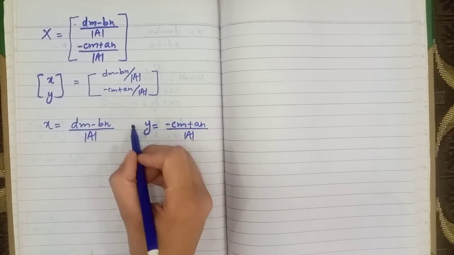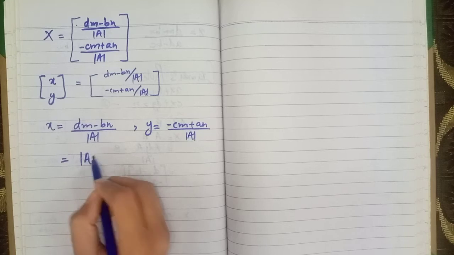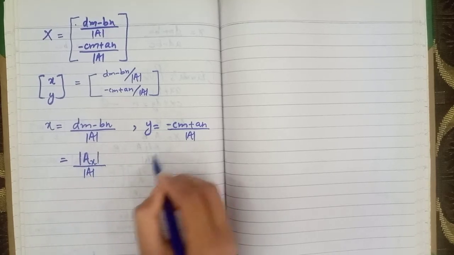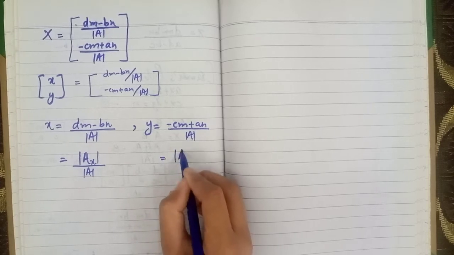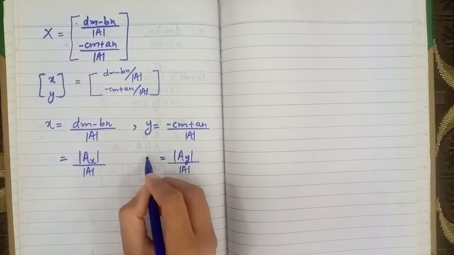It's your own choice. This is Ax divided by A, and here Ay divided by A.